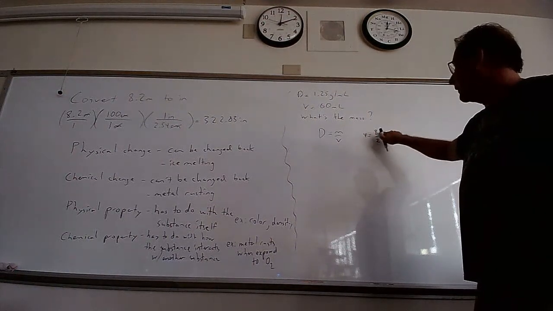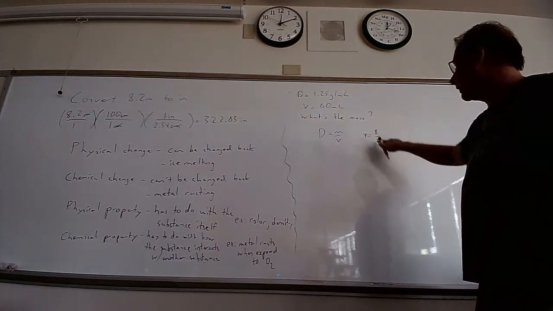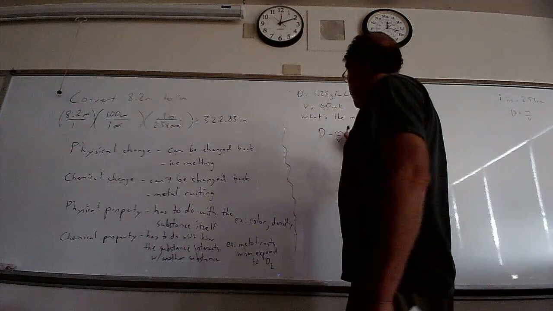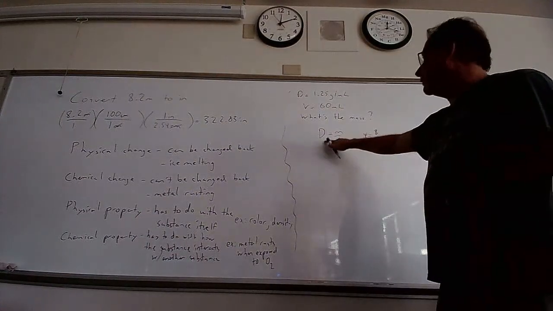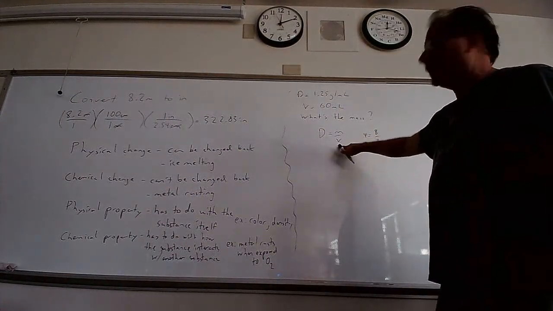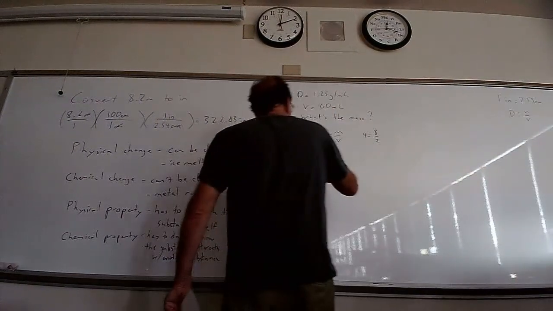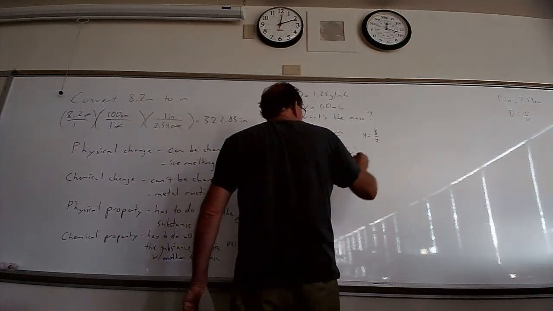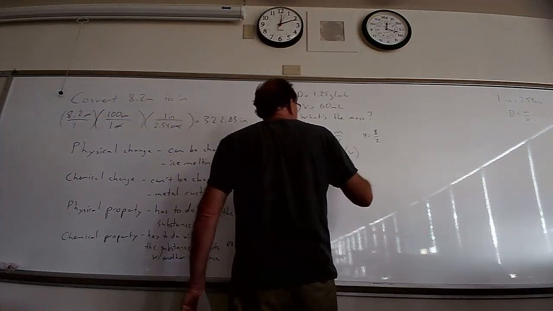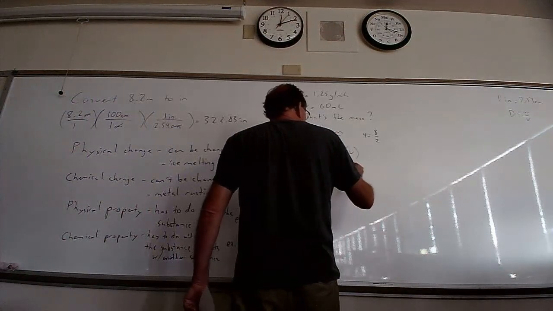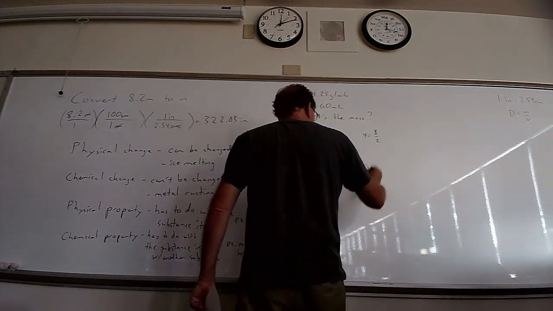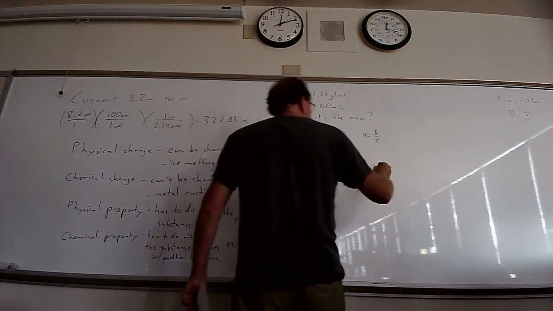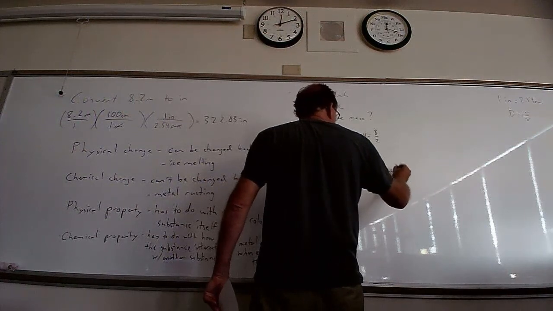I know that 8 is equal to 4 times 2, so M has got to be equal to D times V. That's the way that I do this. So I'm going to write down M equals D times V, where the density is 1.25 grams per ml, and the volume is 60 milliliters.